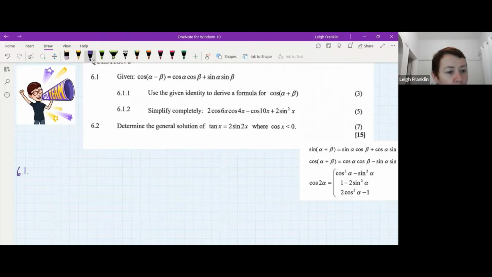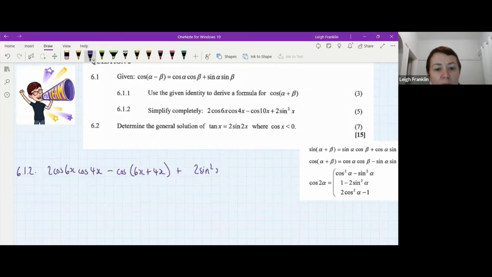Okay, so we're going to write down 2 cos 6x cos 4x. And then as agreed, we're going to write down this as cos 6x plus 4x, plus 2 sine squared x.